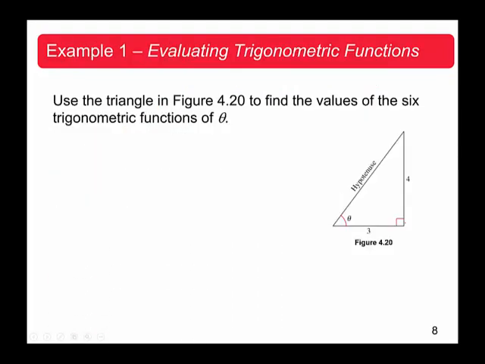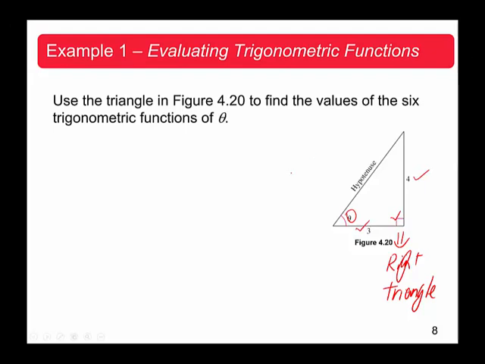Now let's take a look at the triangle in figure 4.20. We have a right triangle here. In this right triangle, angle theta is right here, the adjacent side is 3, and the opposite side is 4.